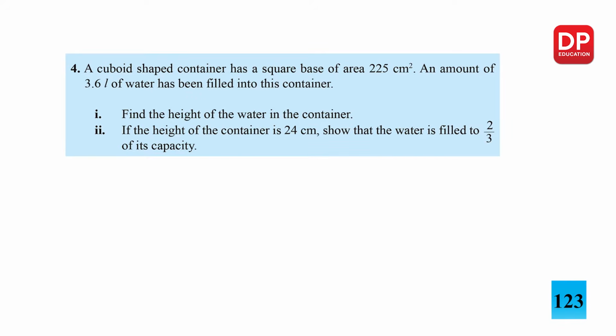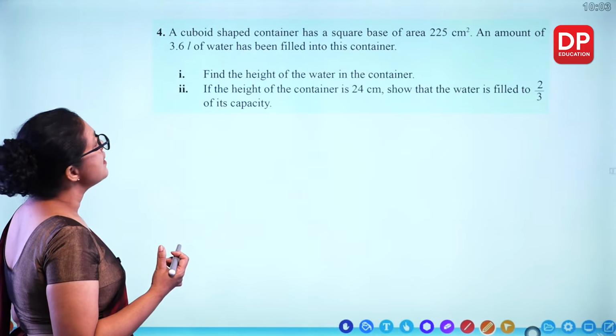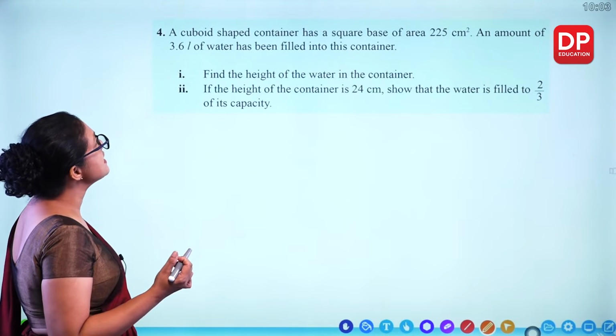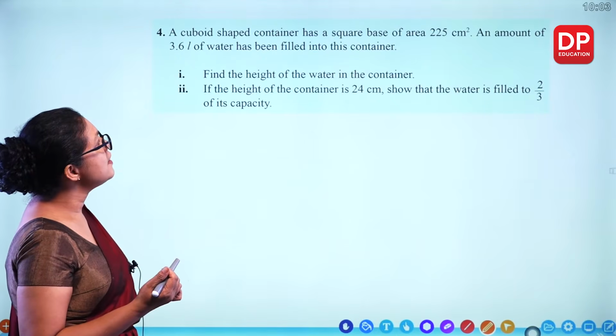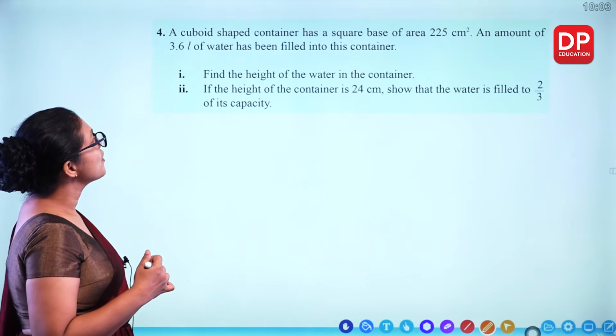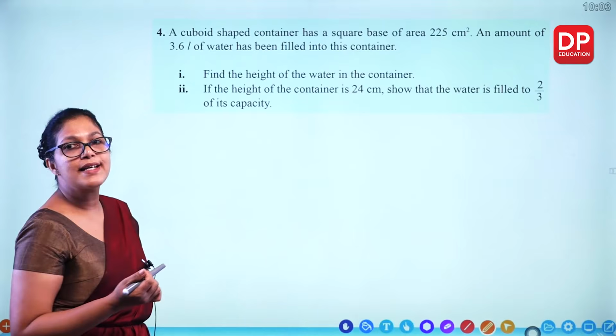Question number 4. A cuboid shaped container has a square base of area 225. An amount of 3.6 liters of water has been filled into this container. Find the height of water in the container.